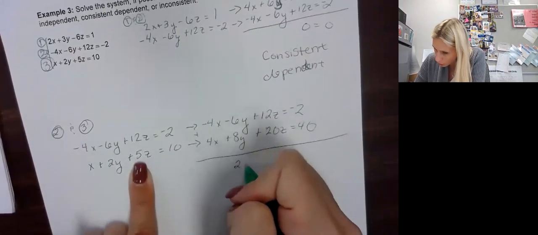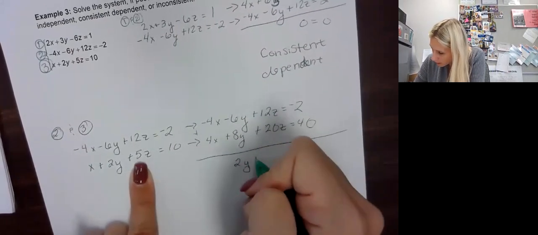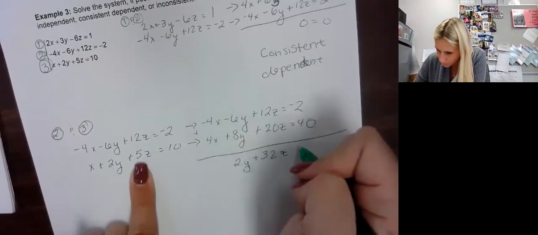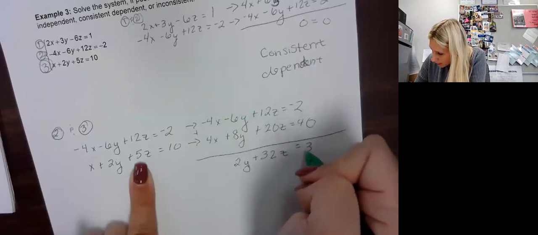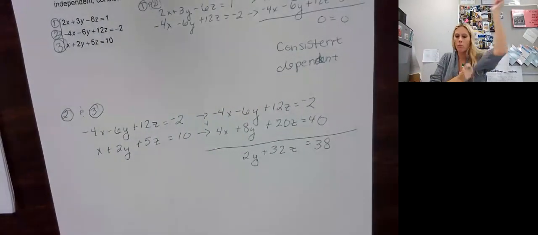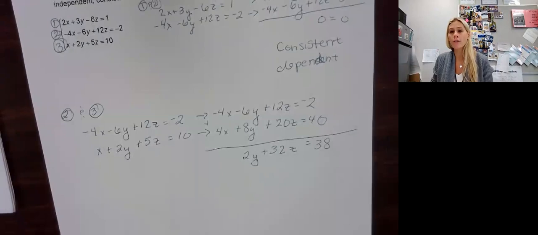So 2y plus 32z equals 38. All right, what am I doing? Remember, I got rid of x, and I'm going to solve now for y, because I'm going to solve for it in terms of z.